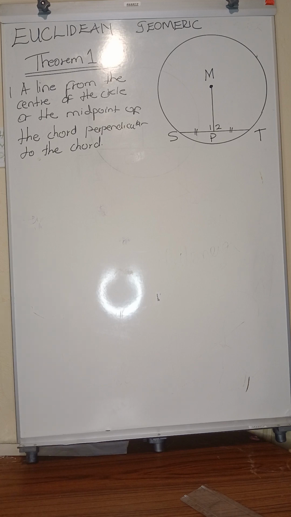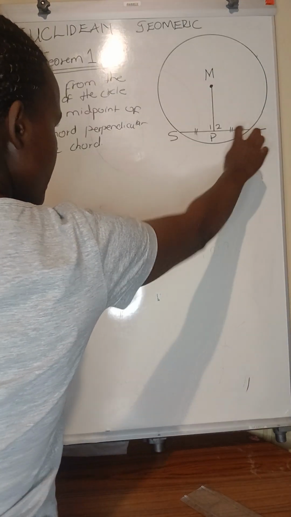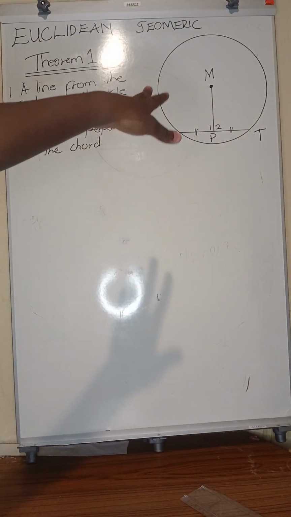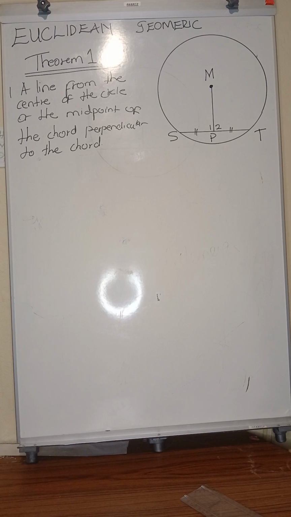A line drawn from the center of the circle or the midpoint of the chord perpendicular to the chord. This is a perpendicular, as you can see there.